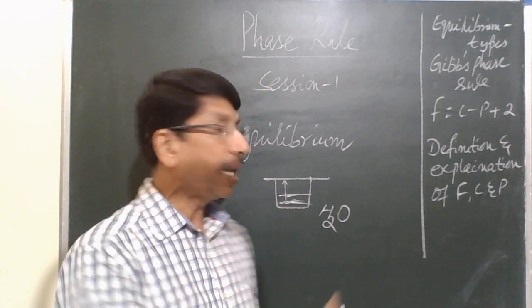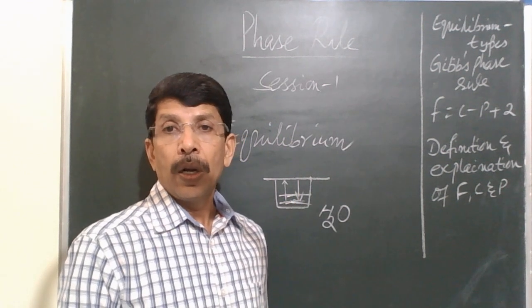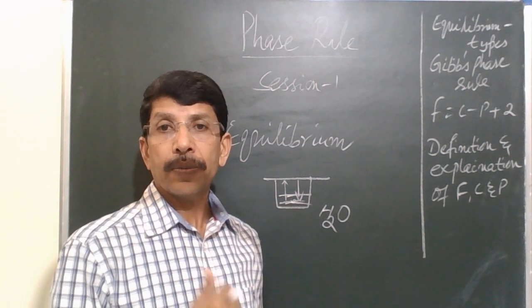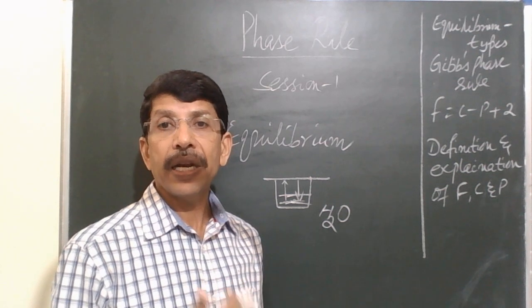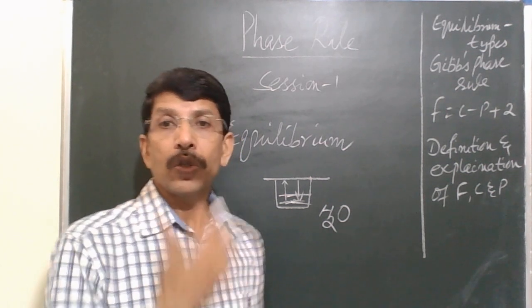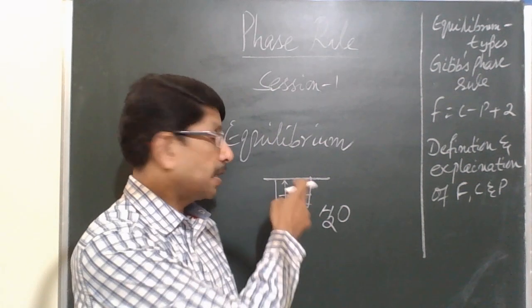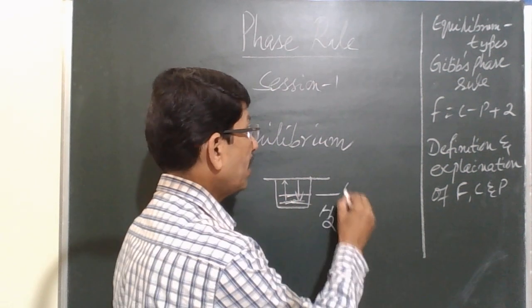Then after some time condensation starts. And as time goes on, an instant is reached where the rate of condensation is equal to the rate of evaporation. That state in which the rate of evaporation of water is equal to the rate of condensation of water is called the equilibrium state.